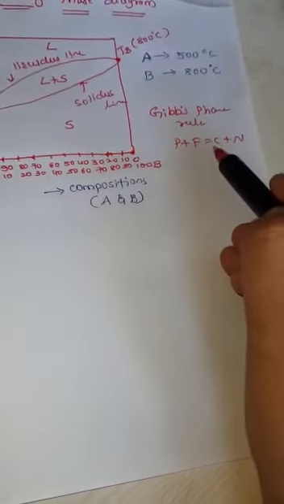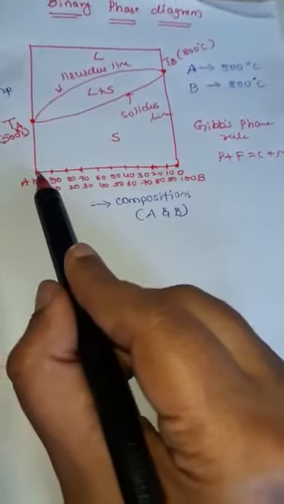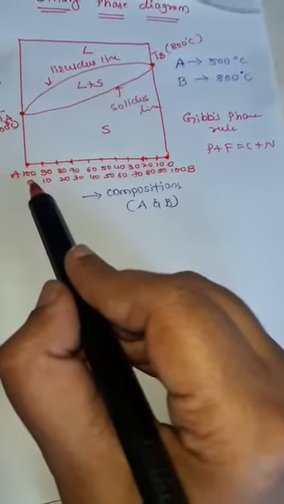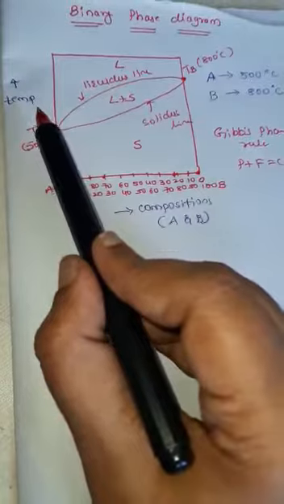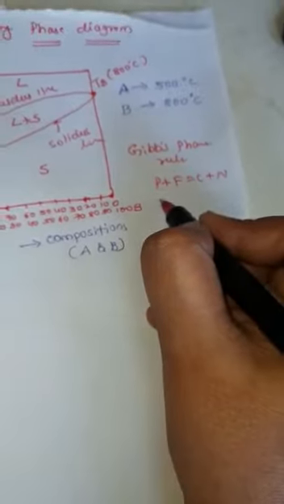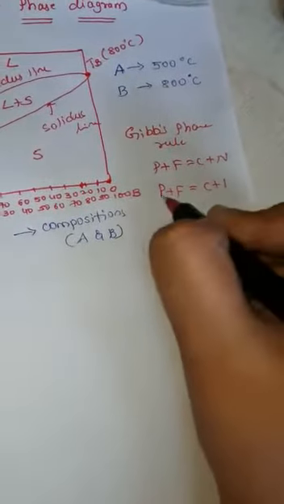C is the composition, the composition of A and the composition of B. N is only one variable, that is temperature. Because of that, P plus F is equal to C plus 1.